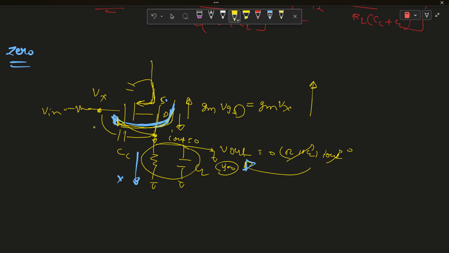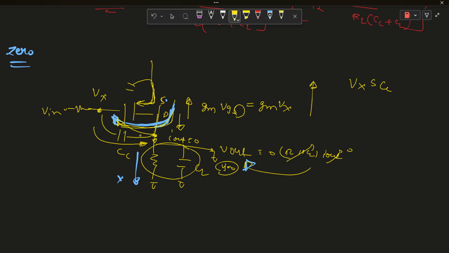One other current is flowing in this direction, which is Vx times S Cc.